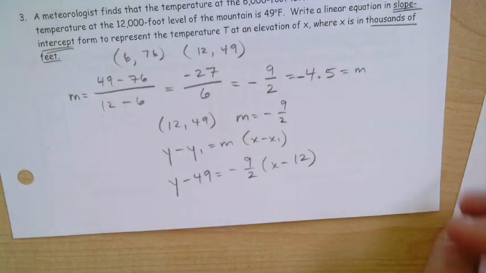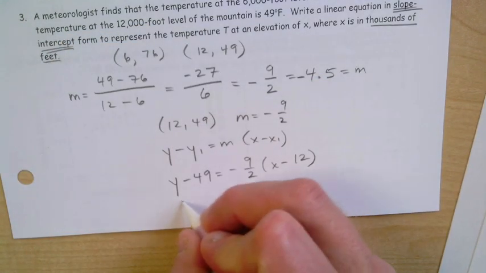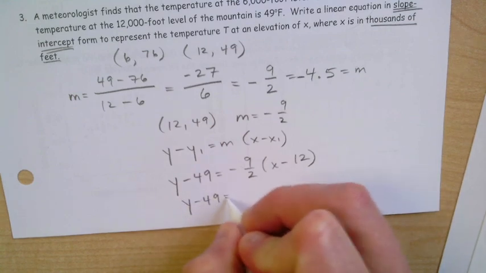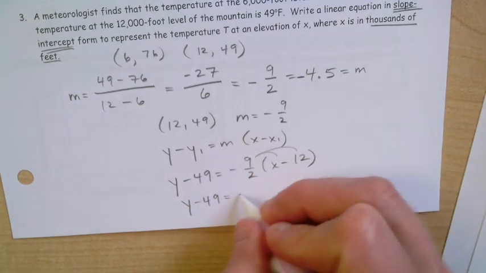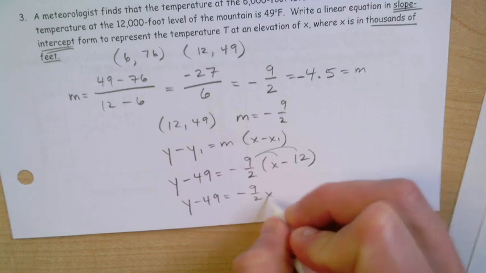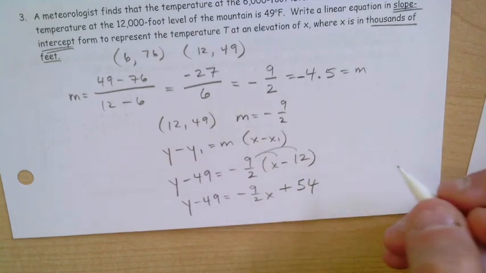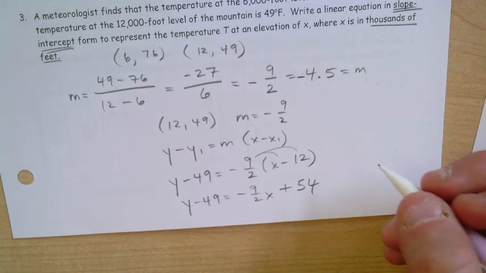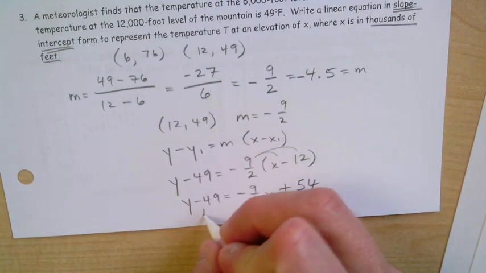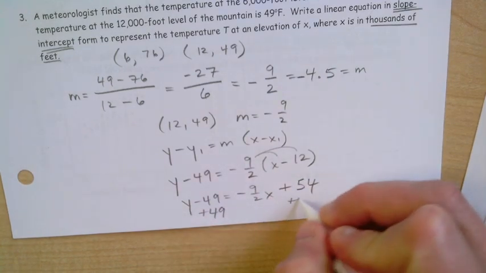Okay. So I'm going to go ahead and do something like this, y minus 49, and I'm going to distribute that into the parentheses, negative 9 over 2 x plus 54. 9 times 6 is 54. And then I'm going to add 49 to both sides.